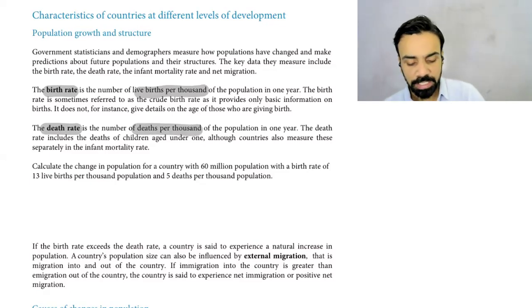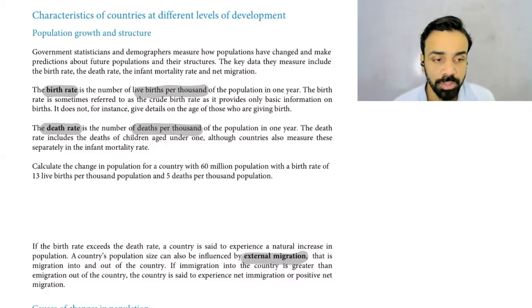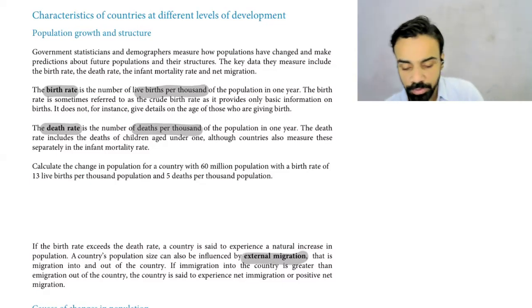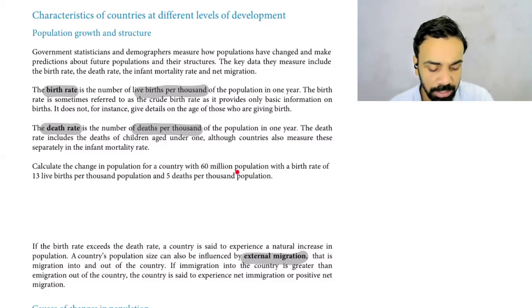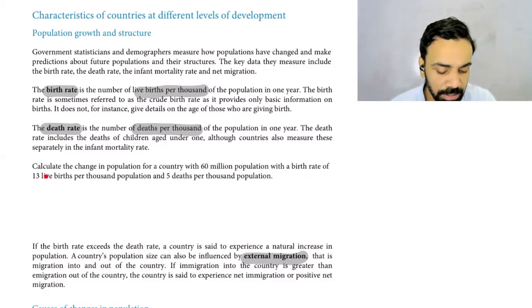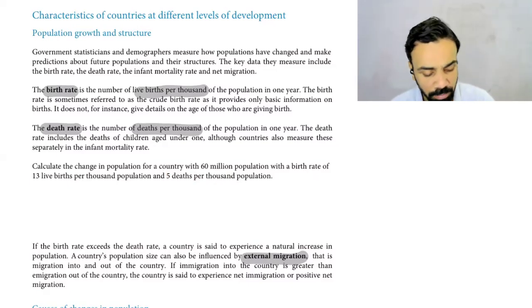And then you have external migration, people coming into the country and people going out of the country. So for example, say there is a country with a population of 60 million. The birth rate is 13 for every 1,000 people, so 13 new births yearly, and 5 are dying for every 1,000.